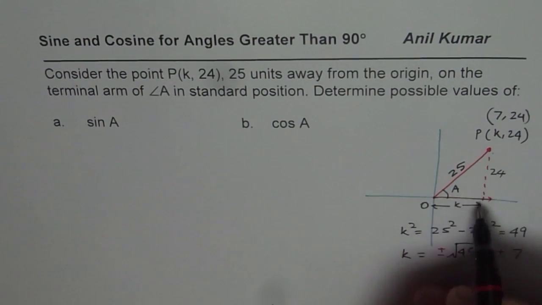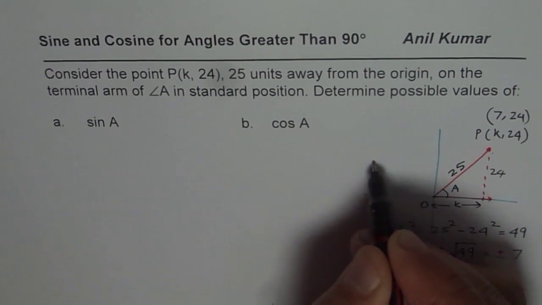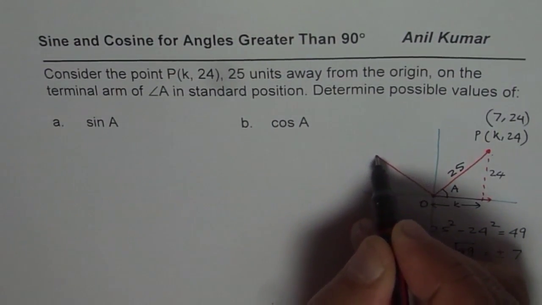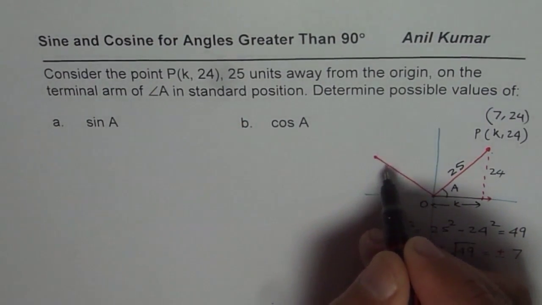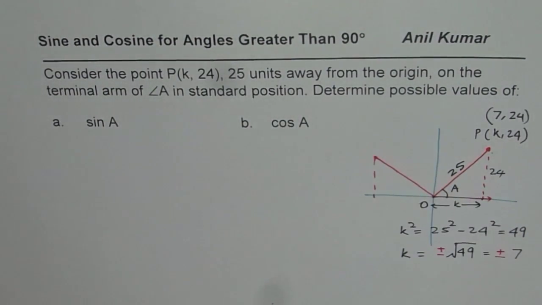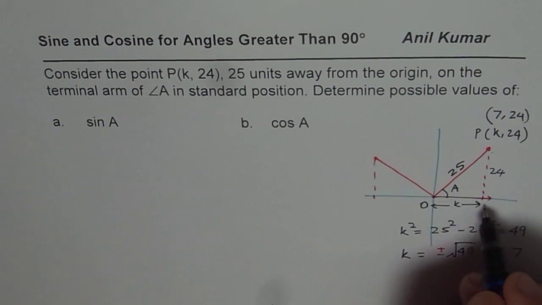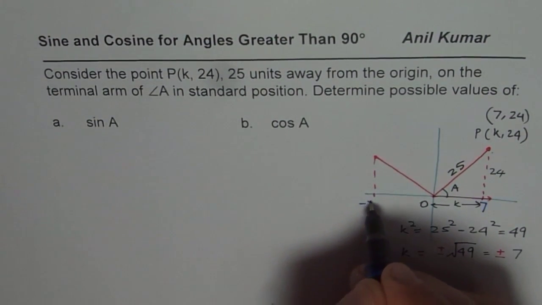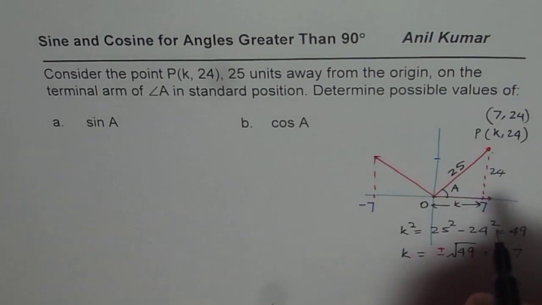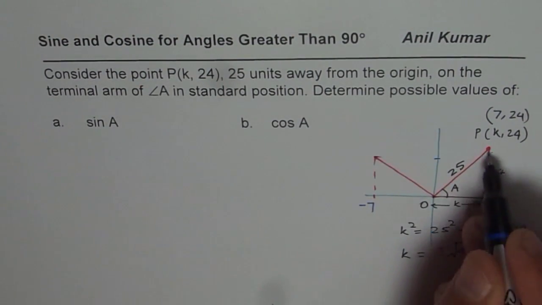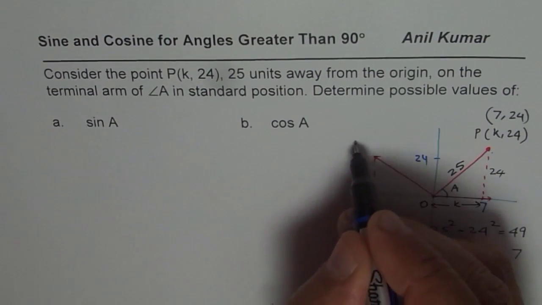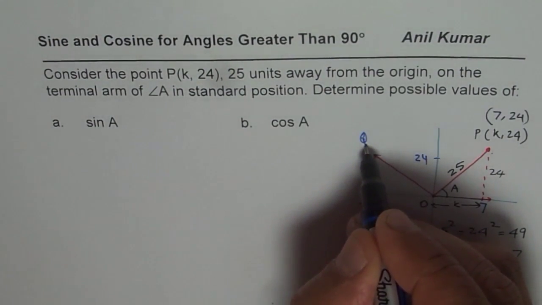That is to say that this triangle could have been formed even in quadrant 2, kind of like this. Do you see that? Where the K value will be minus 7, and the Y value is 24. So there could be another point.